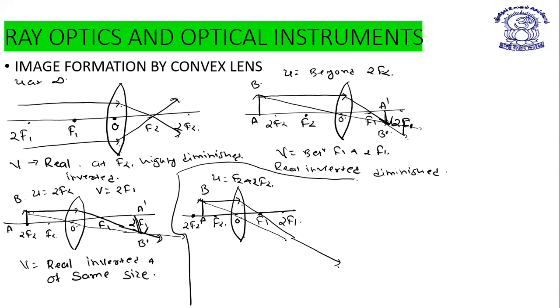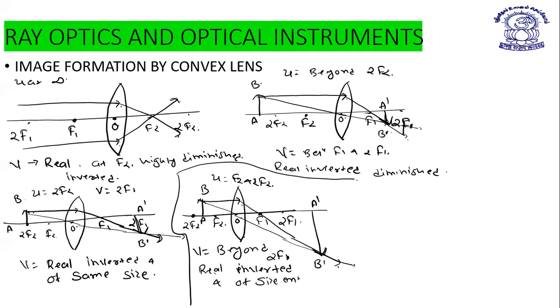After refraction, it will go undeviated. These two refracted rays will intersect each other beyond 2F1. So image A dash B dash is created. So image is beyond 2F1. It is real, inverted, and of enlarged size.